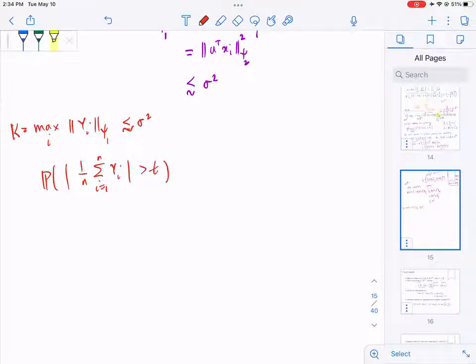The probability of being bigger than t is less than 2 e to the negative some constant times a min of something here. Yes, good. Something like this, if I haven't made a mistake.